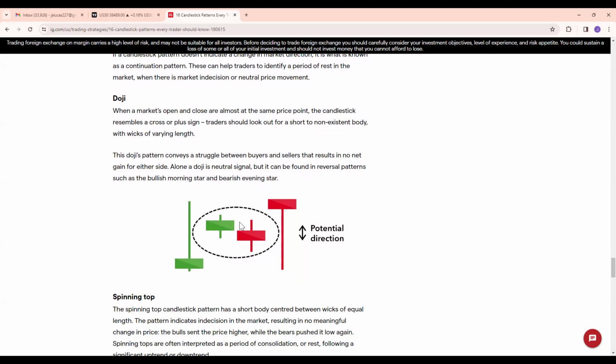So in this case, we had the hammer right here, which is a bullish pattern. The bulls failed to move price significantly up with that pattern. The next candle here shows us, it's basically a story, right? So the bulls had their turn. They didn't do what they were supposed to do. Now let's see what happened on the next candle.